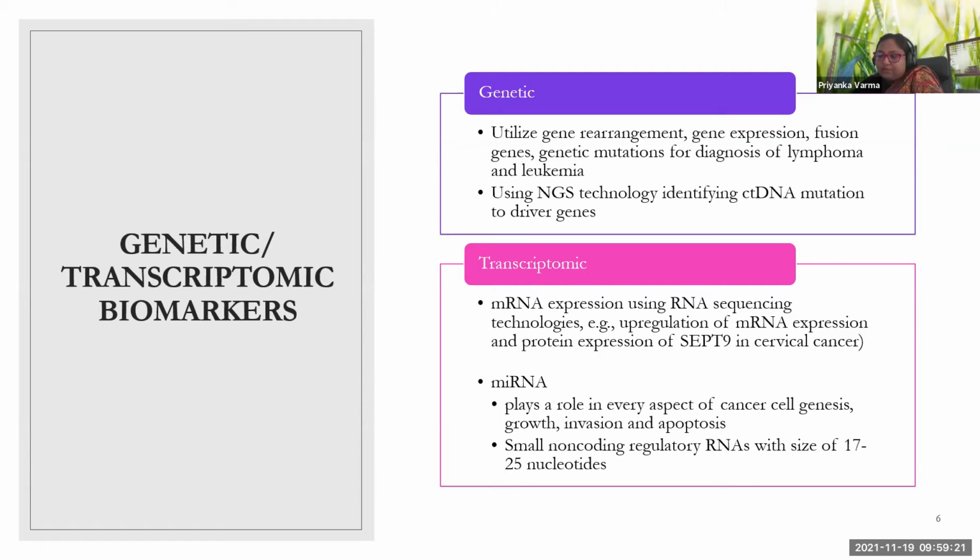I'll quote an example: upregulation of mRNA and protein expression of SEPT9 in tumor tissue in cervical cancer patients was seen compared to paratumor tissue, and its potential diagnostic utility was suggested in early detection of cervical cancer in one of the studies.